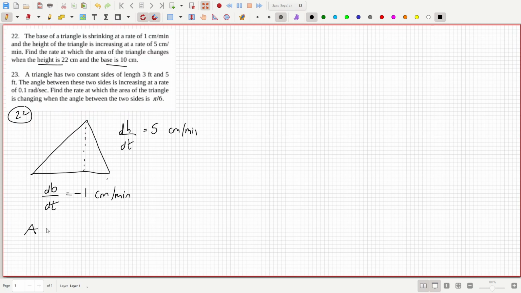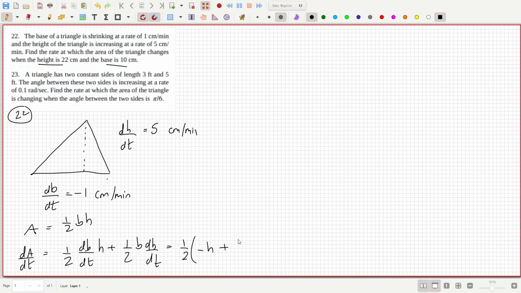Okay, so the area is a half the base times the height, and the time derivative of the area, using the product rule, will be a half times the time derivative of the base times the height plus a half the base times the time derivative of the height. So that would be a half, minus h plus a half the base times 5.